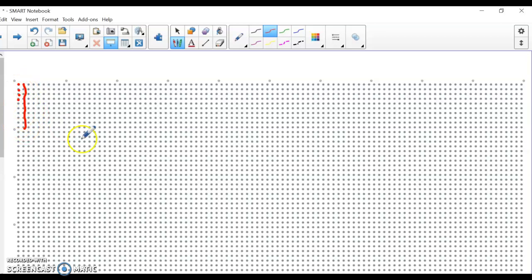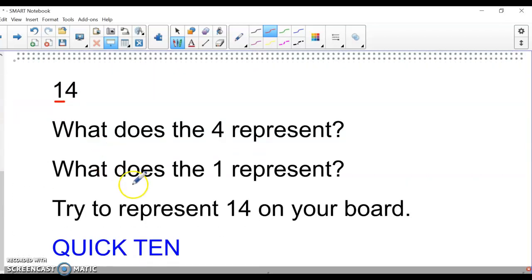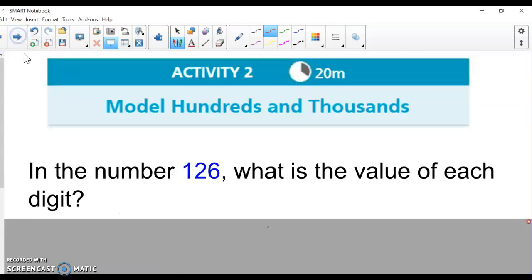So we have 10 and 4 more to get to our 14. We're going to call those, during this first unit, our quick tens. So a quick 10 is just a rod or a line. When you worked with the cubes in school, those yellow cubes, sometimes we called the tens rods, but they were just a stick. Okay?